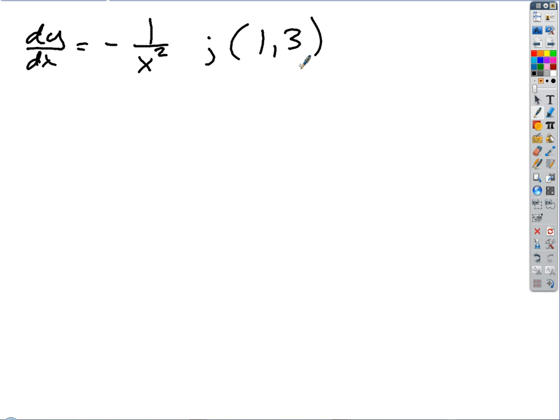And let's find the general solution, then let's find the particular solution that passes through the point 1, 3.